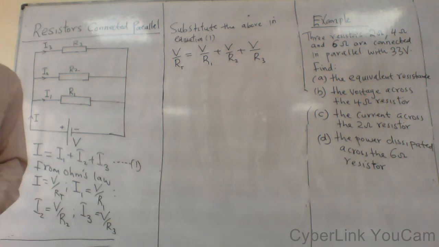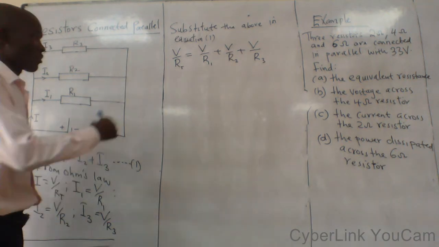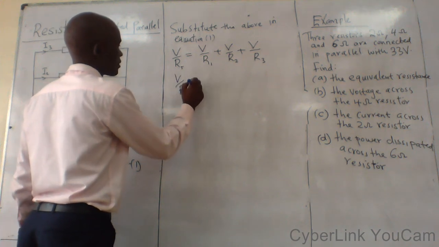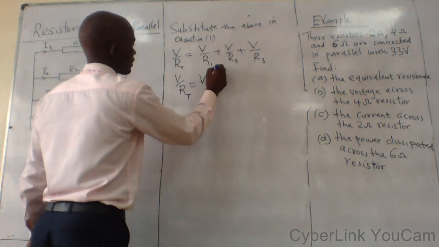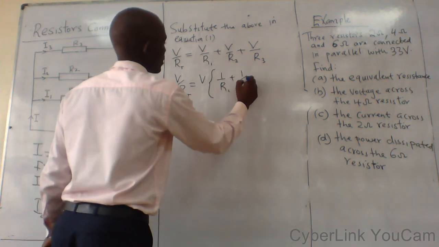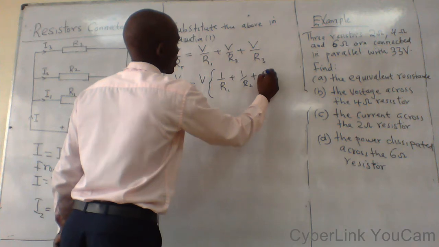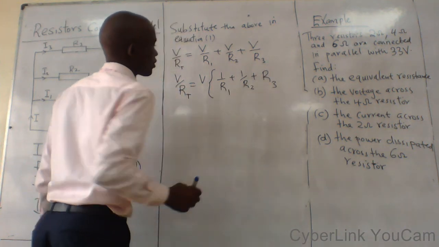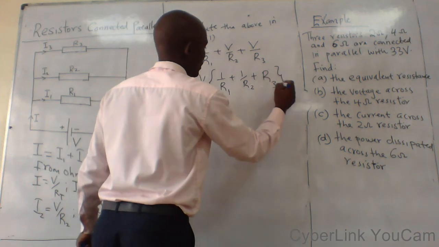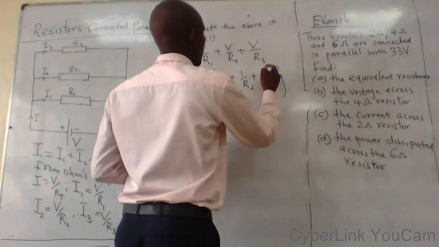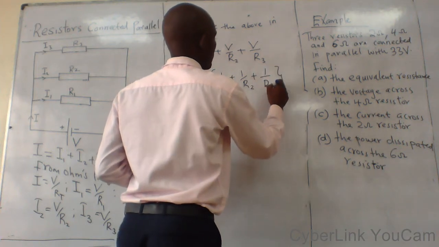Because voltage is common across all of them, you will factor out the voltage. V over RT will be equal to V times 1 over R1 plus 1 over R2 plus 1 over R3.